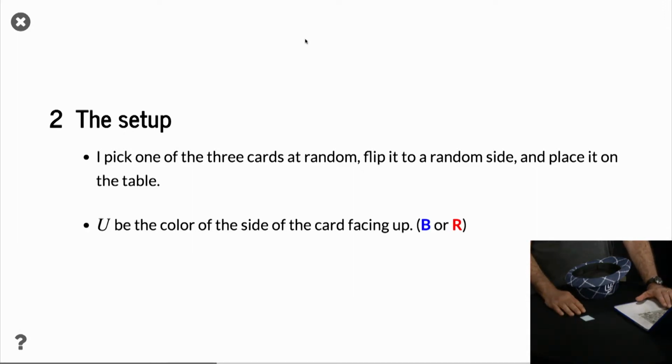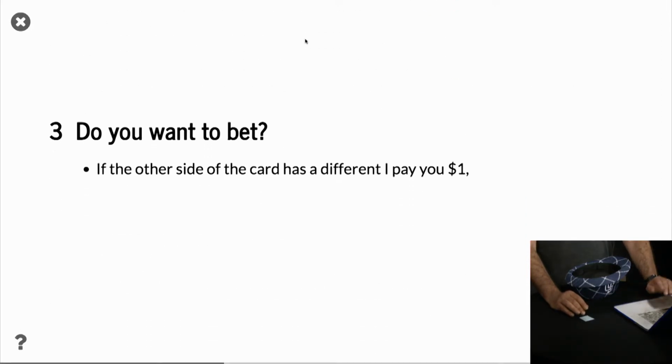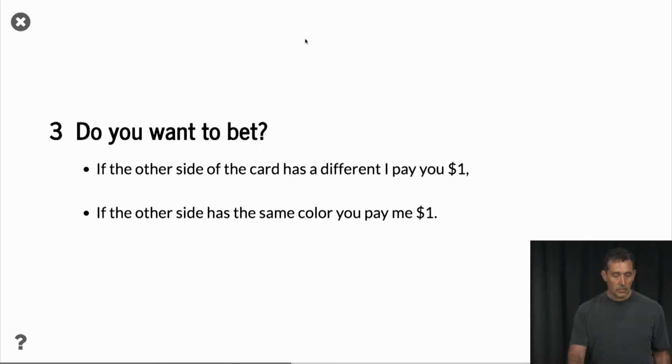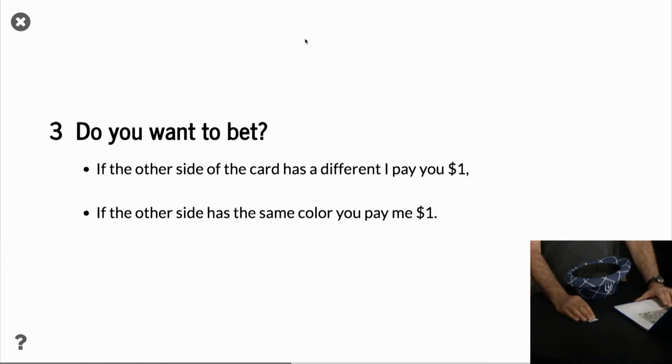The color of the side that is facing up, I call it U. It's B or R. Okay, so here is the bet that I'm suggesting we make. If the other side of the card has a different color, I will pay you $1. If the other side has the same color, you pay me $1.